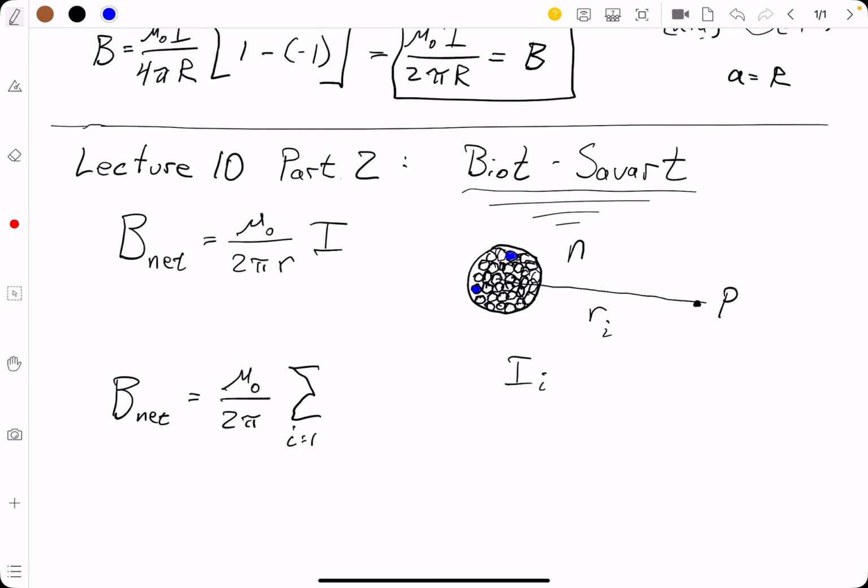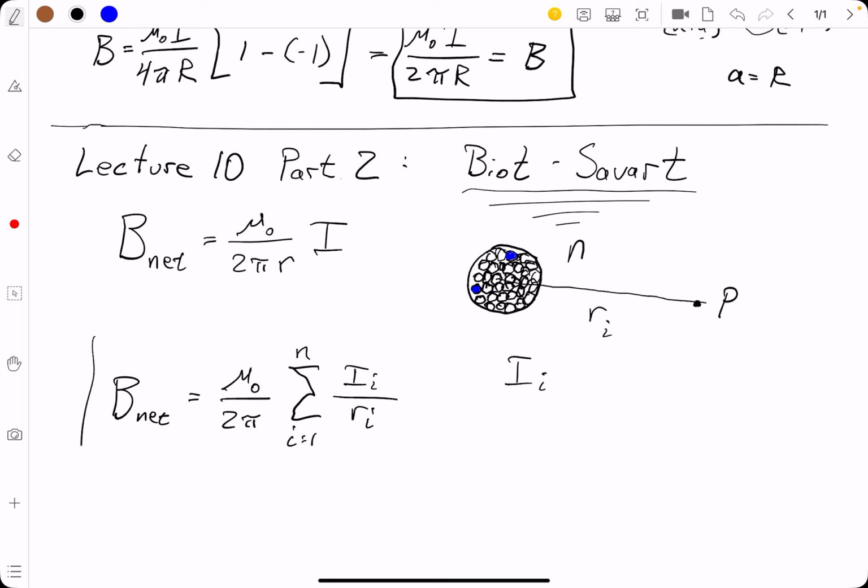And then you just count them all the way along, from i equals 1 to n, and that's what we get.